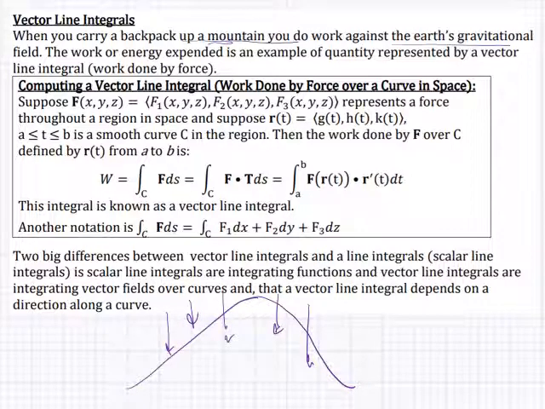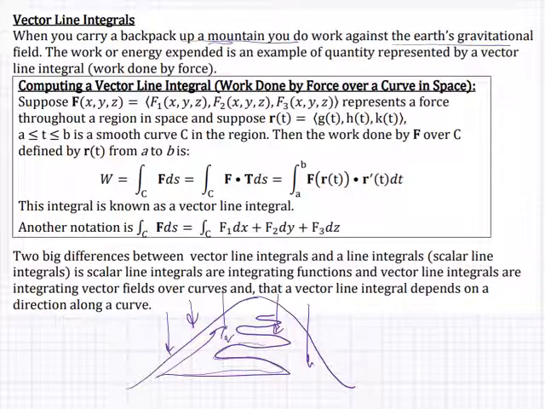As you traverse the mountain, whether you go straight up the mountain or whether you zigzag back and forth, the path that you're traveling on is the curve that is going through the vector field, being the gravitational field, okay?